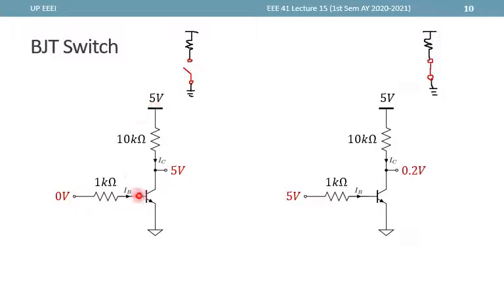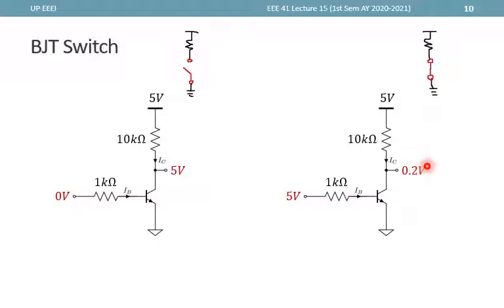So our BJT was able to replicate this behavior. However, for the case where the switch is supposedly on, ideally the switch should be able to pull the output voltage down to ground. However, our NPN BJT was only able to pull it down to 0.2 volts, and this is caused by the VCE sat, or the saturation voltage.